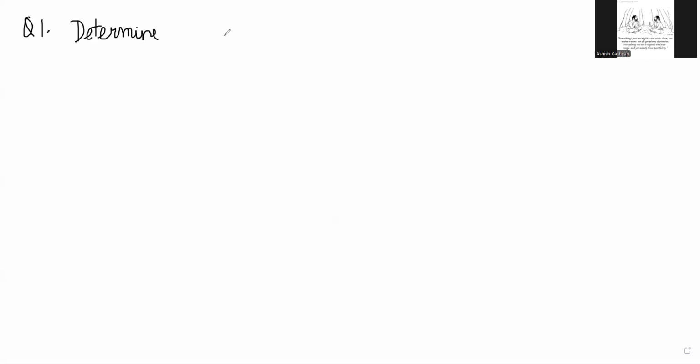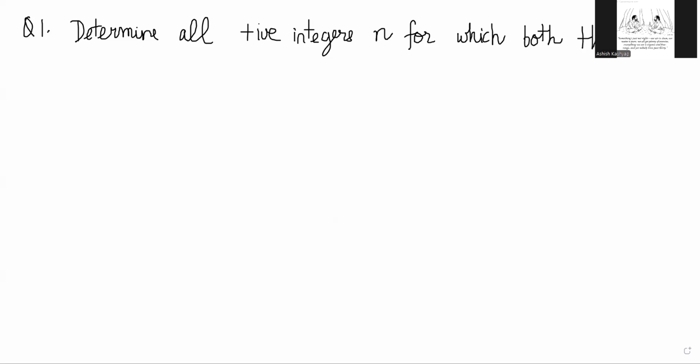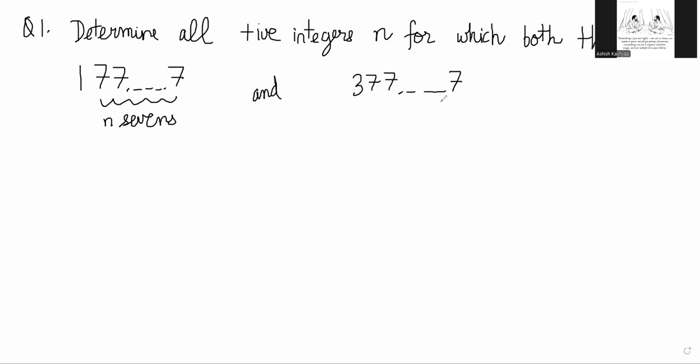Determine all positive integers n for which both the numbers 1777...7, with n sevens, and 3777...7, with n sevens, are prime.